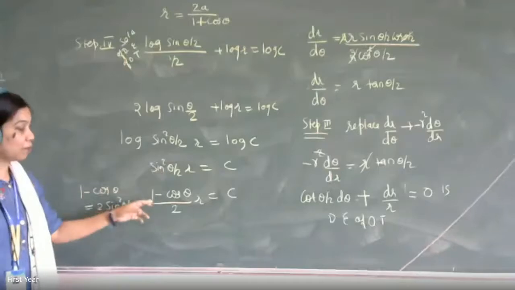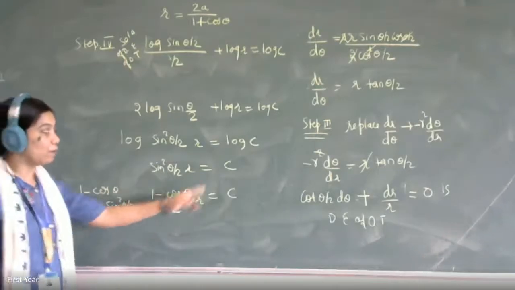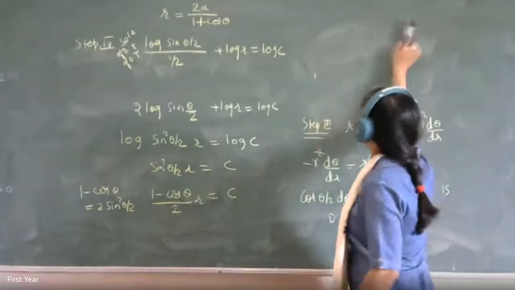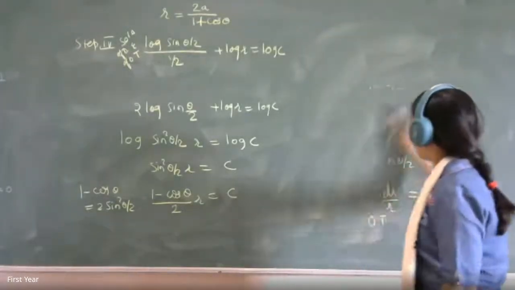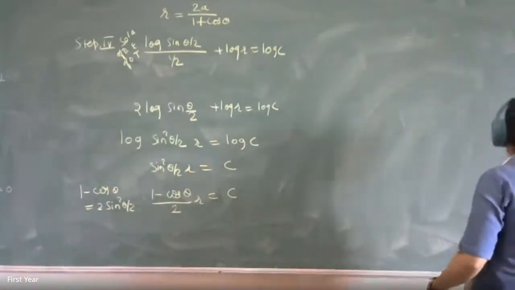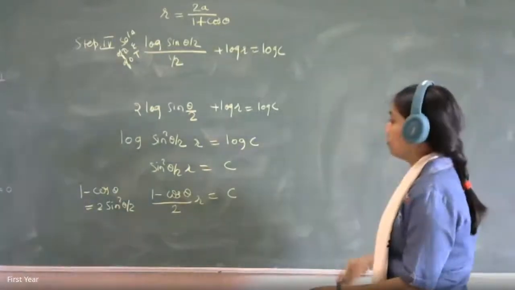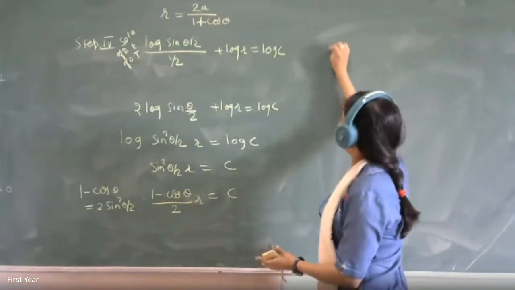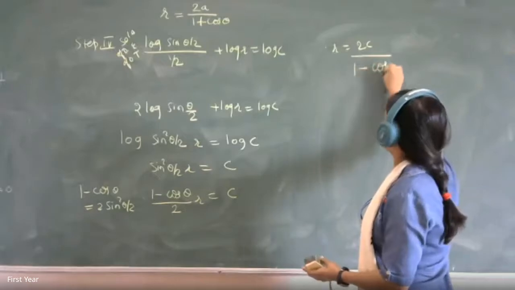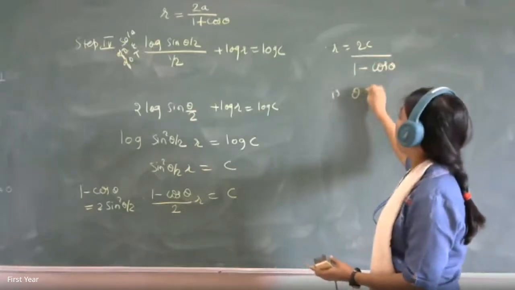Sine square theta by 2 is 1 minus cos theta divided by 2. So we go on top and you get the answer: therefore r is equal to 2c upon 1 minus cos theta is the orthogonal trajectory.